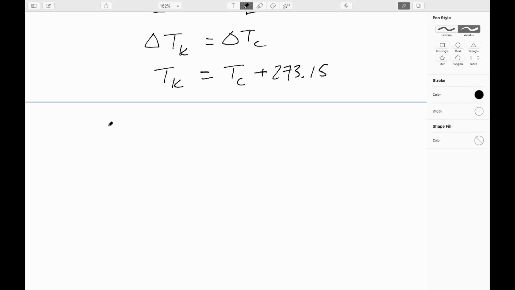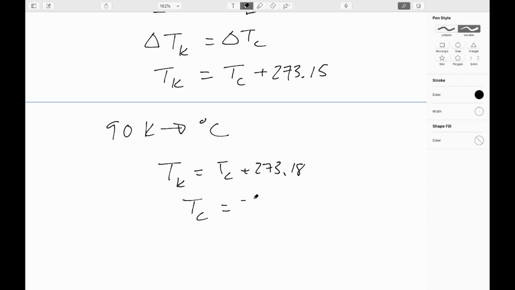So anyway, let's do a couple quick examples of converting temperatures here. Let's take 90 Kelvin and convert that to degrees C. Now here, because the degree sign is in front, that's a reading. Because that's a reading, we're going to say T Kelvin equals T C plus 273.15.